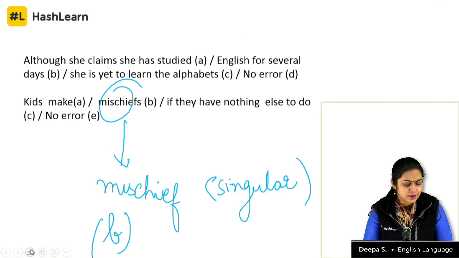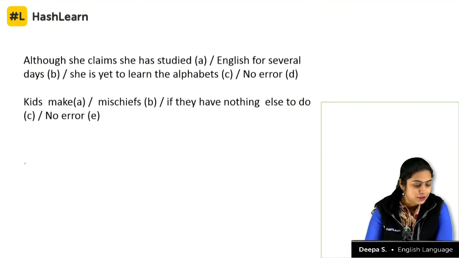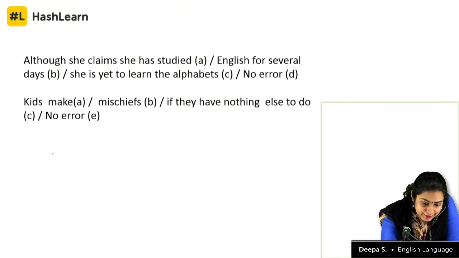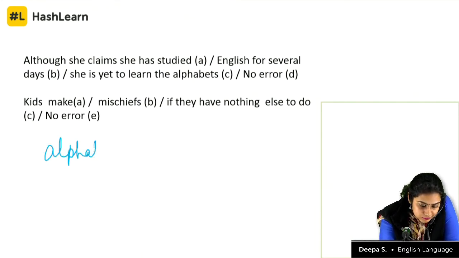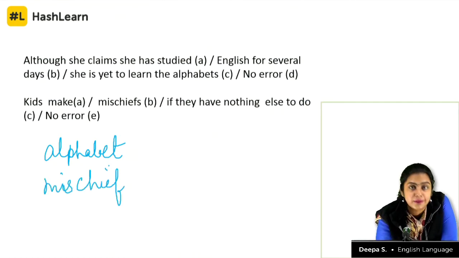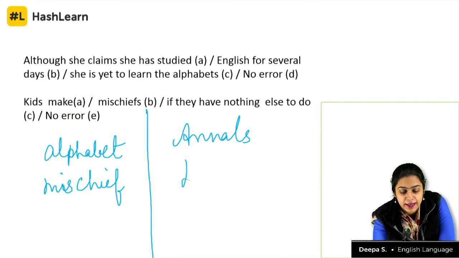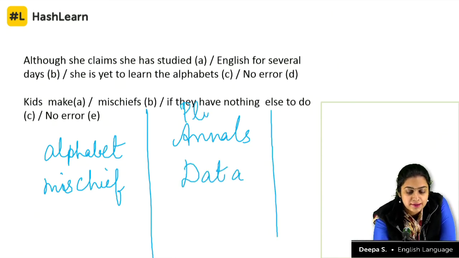Anything else that is always in plural? Anyone? Would you like to comment? So we have seen that alphabet is in singular, mischief again is in singular. When you talk of annals of history, data, these are almost always in plural.